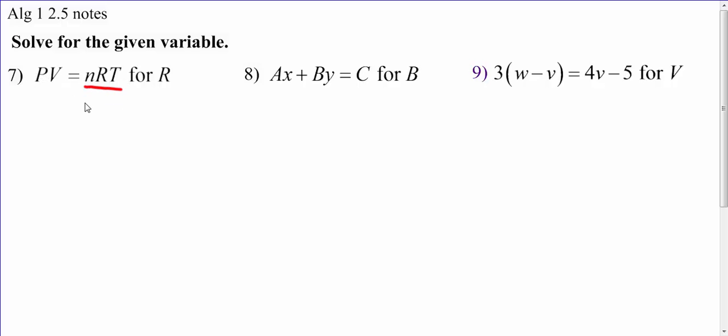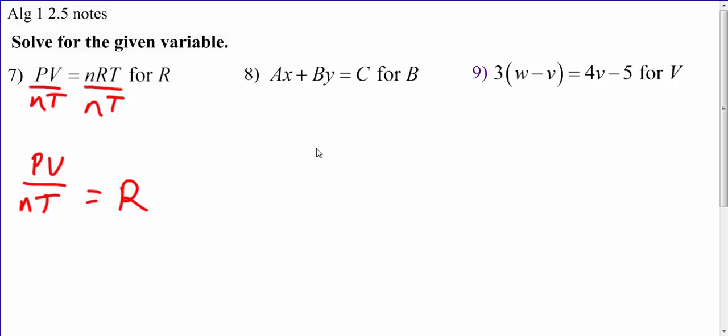So all I'm going to do is divide by n on both sides. So PV over n. As a matter of fact, let me simplify this for you. Instead of doing this in 2 steps, let's do it in 1. Let's divide by n and t, and we'll have PV over nT equals r. Then we're done with it. 1 step. Okay, next one.